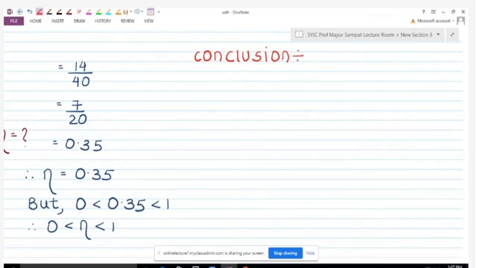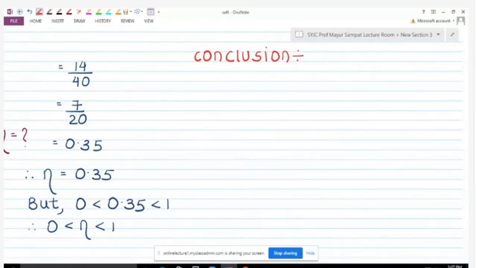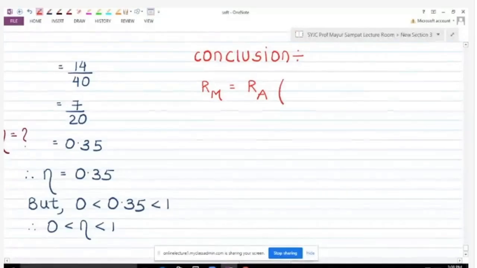Question number 11, mark it, do it as homework. And question number 7 has 3 cases, based upon the relation between marginal revenue, average revenue, and elasticity of demand.